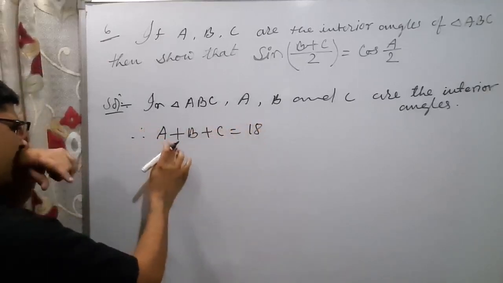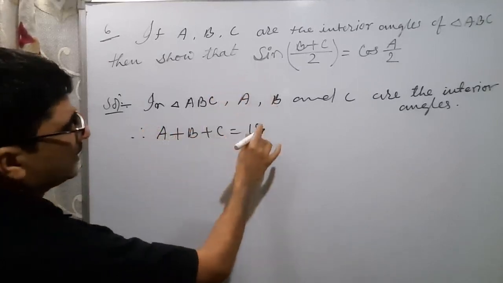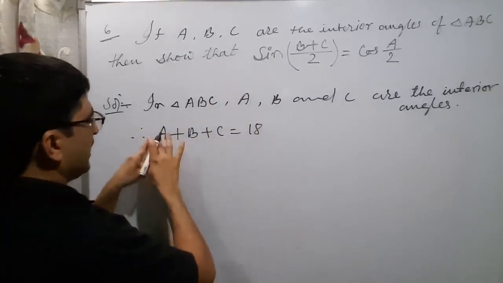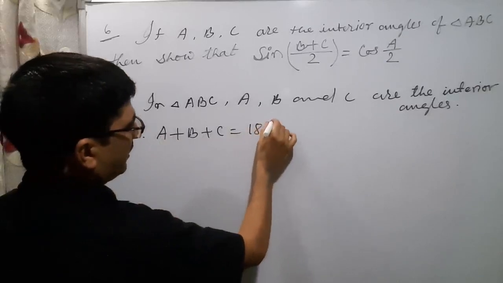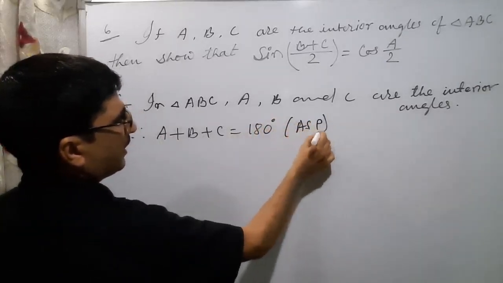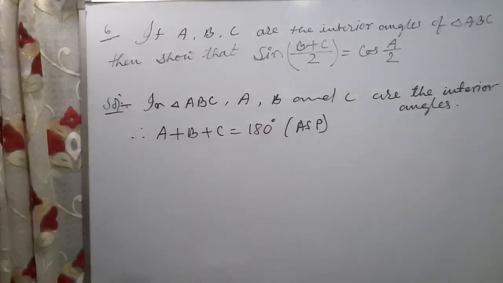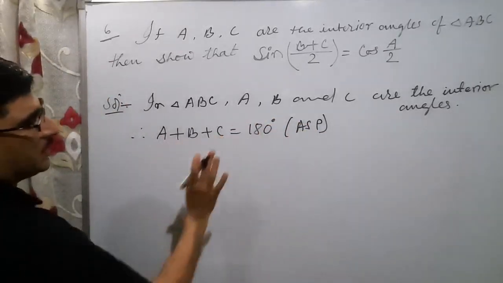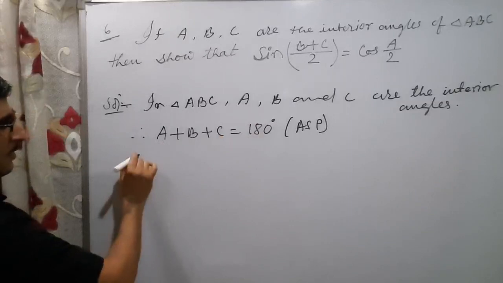Here I have not used angle ABC, that's why directly angle A is written here. This is the angle sum property of a triangle. The sum of the three angles is 180 degree.